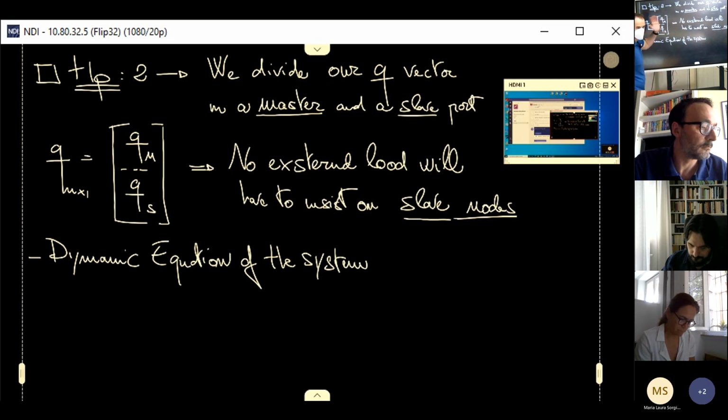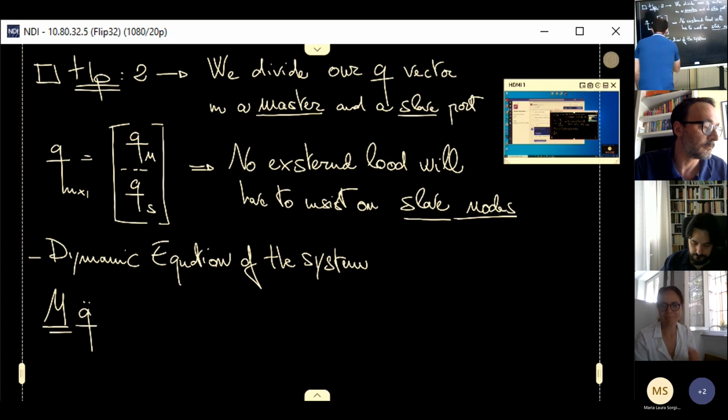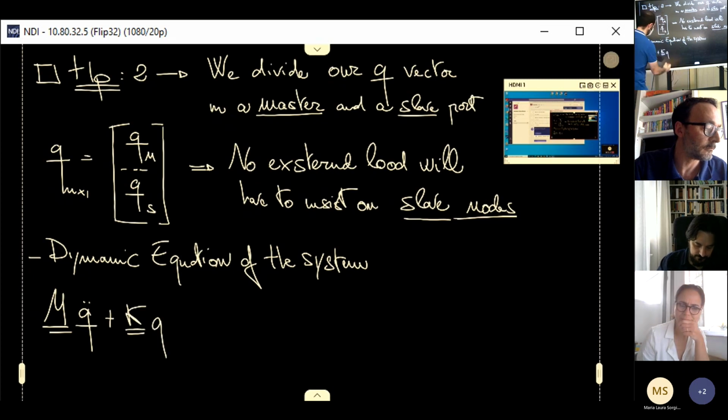Well, this we have seen so many times. Let's see the simplest case. So we have the mass matrix. Then we have the acceleration. Then we have the stiffness term, QF. And then we have a vector of generalized external forces.